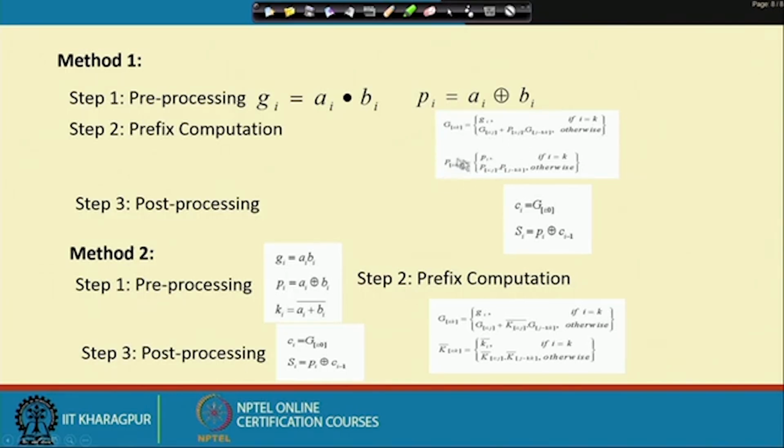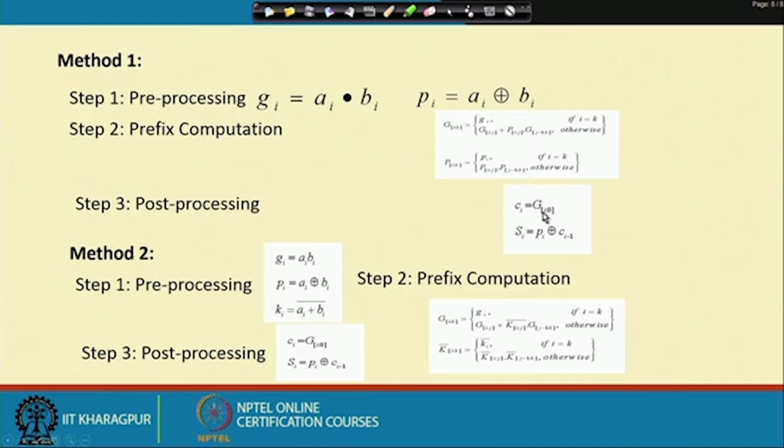This is for G, and for P we have to follow another equation. For i equals k it will be Pi, otherwise it will be Pij dot Pj minus 1 k. Once this prefix computation is done, we can go for post-processing of Gi and Pi to calculate the final carry and sum bit.